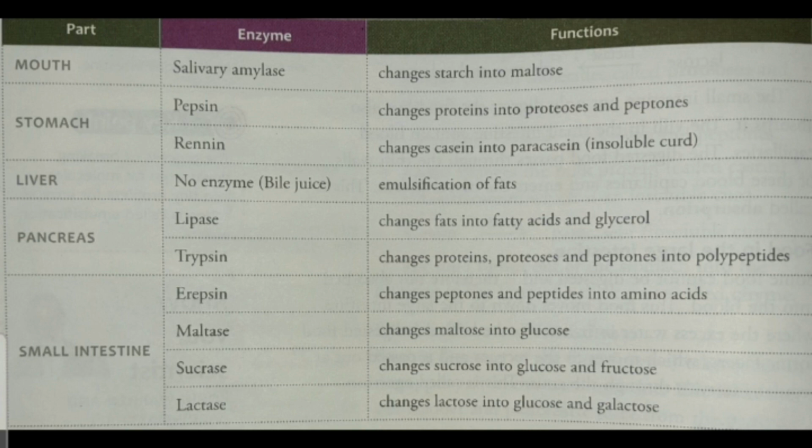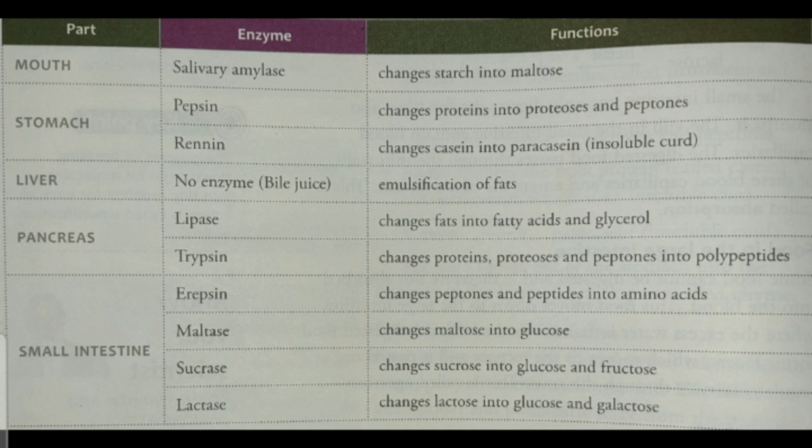The first part is the duodenum, the middle part is the jejunum, and the last part is the ileum. There are also various kinds of enzymes present: erepsin, maltase, sucrase, lactase, etc. They all have their specific functions, and let me discuss their functions in detail.